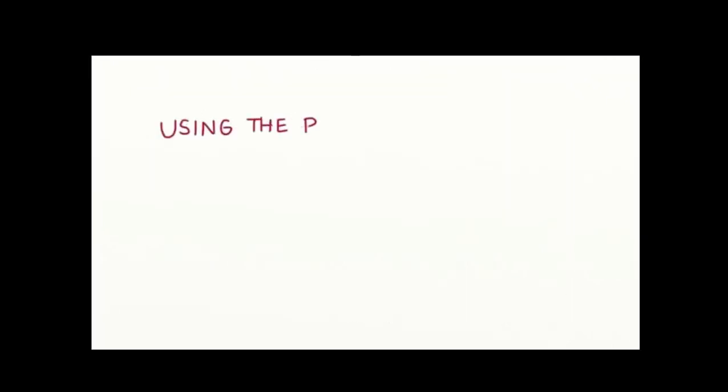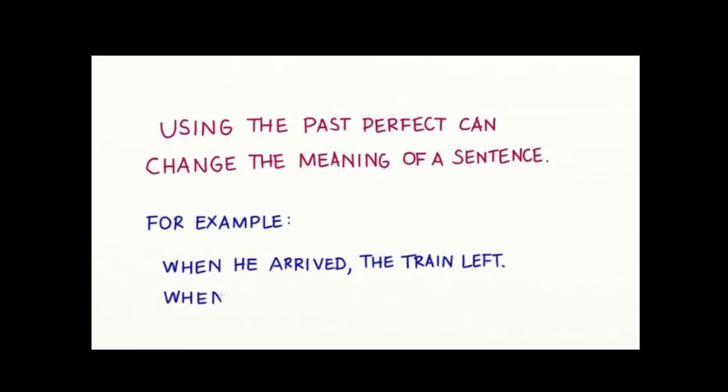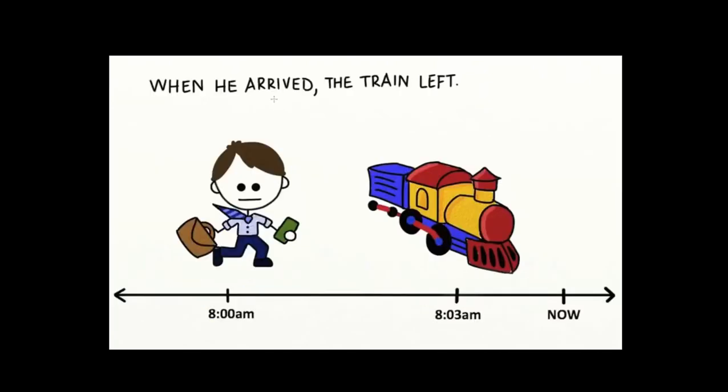Using the past perfect can change the meaning of a sentence. Let's compare the two sentences. When he arrived, the train left. When he arrived, the train had left. The first sentence, when he arrived, the train left.